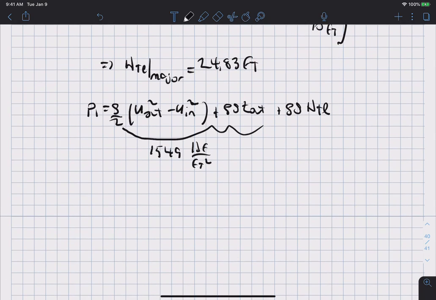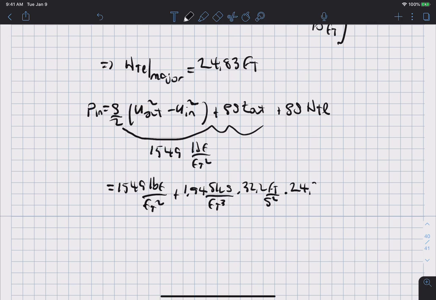So this is equal to 1549 pound force per foot squared, plus the density, that's 1.94 slugs per cubic foot, times g, which is the acceleration, 32.2 feet per second squared, and times the total head loss, which is 24.83 feet.